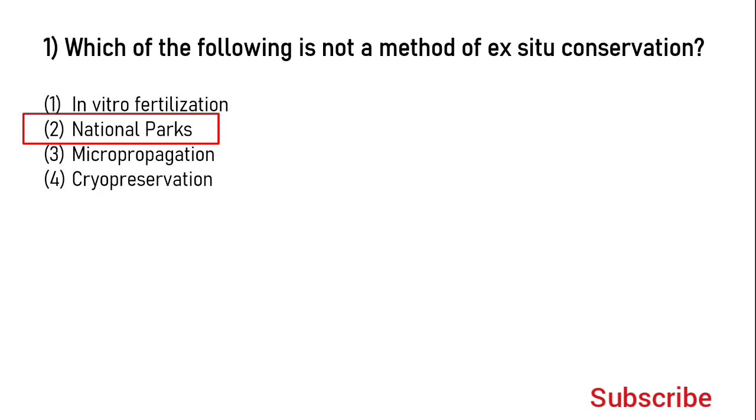National parks are a type of in situ conservation. On the other hand, micropropagation, cryopreservation, and in vitro fertilization, that is IVF, are methods of ex situ conservation. So your correct answer will be national parks, which is in situ conservation.